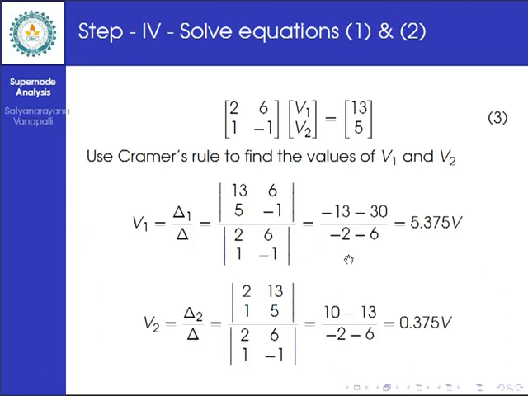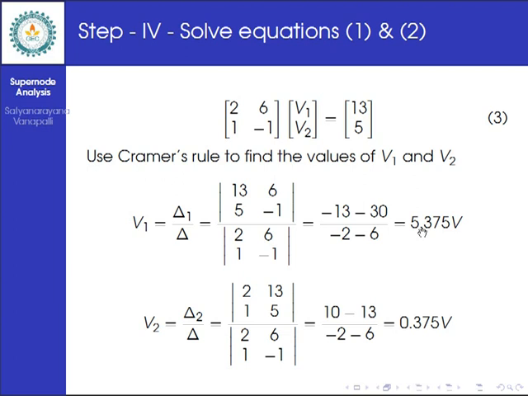You organize the equations and arrange them in matrix form. Use Cramer's rule to find out the values of V1 and V2. So V1 is equal to delta 1 by delta, V2 is equal to delta 2 by delta. After calculation and substitution of the values of delta 1 and delta 2, we got V1 is equal to 5.375 volts and V2 is equal to 0.375 volts.